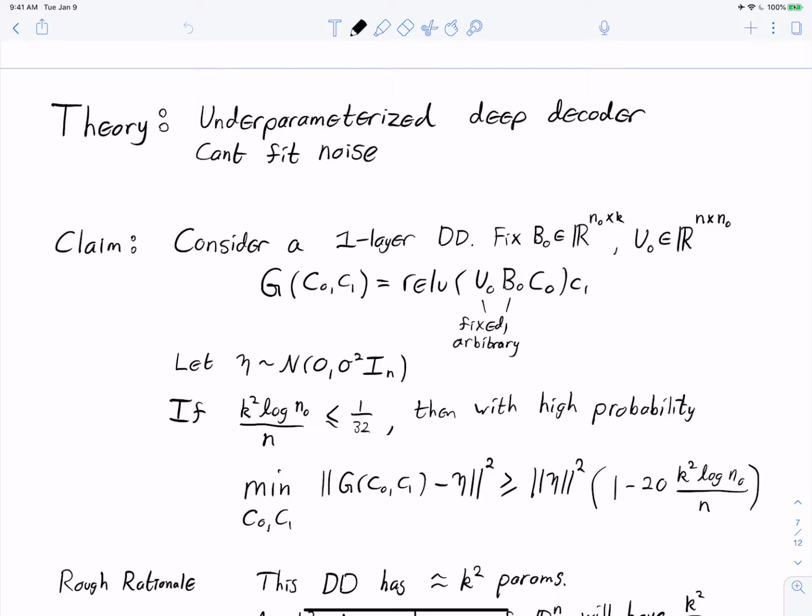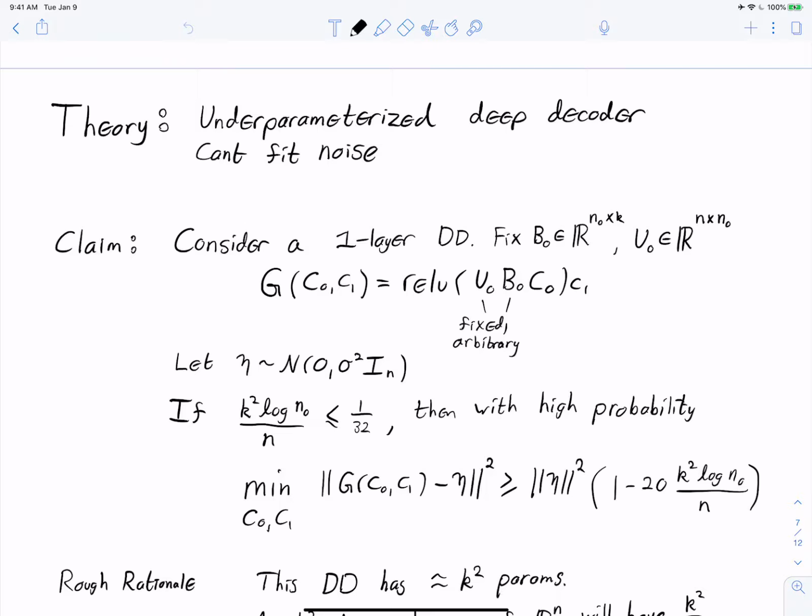And that said, consider a one-layer deep decoder. So fix some input B0, which we'll say is a N0 by K matrix. Again, this is the quantity Z that we were referring to before. So also fix an upsampling operator U0 from in N by N0 matrices. So here the one-layer deep decoder is going to be some function for now.